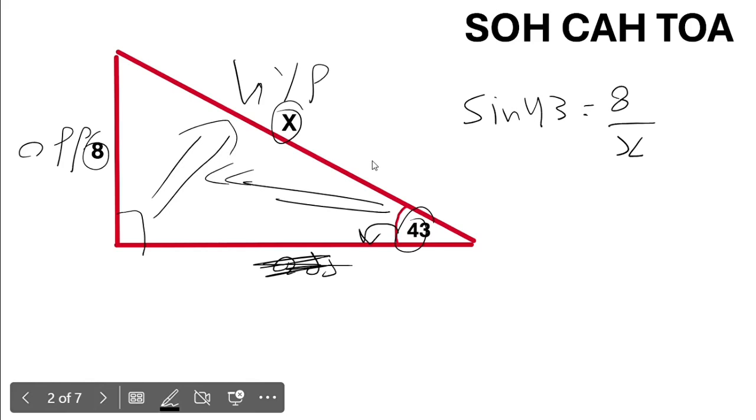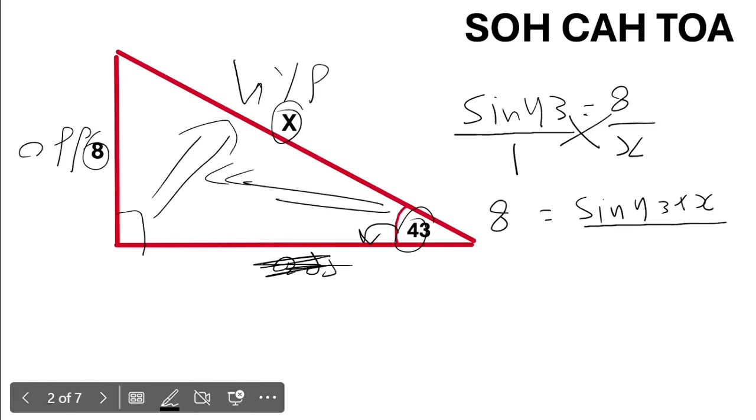Now, cross multiplication: 8 equals sine 43 times x, divided by sine 43, divided by sine 43.